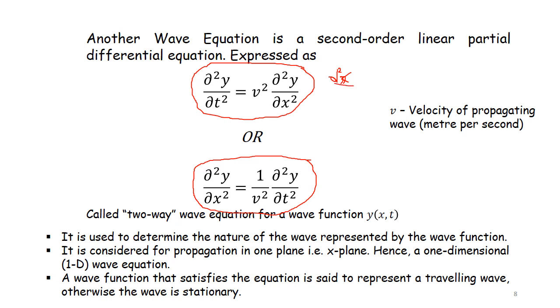Now, with your d squared y over dx squared, you see, that means they cancel out.